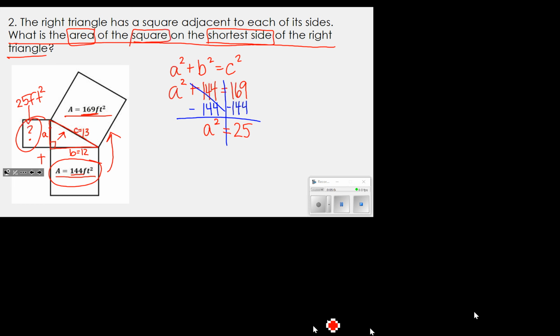I know then that A equals 5, but again, it's asking us for the area of the square. If you say A squared, you're referring to the area of this square. So the area of the square is 25 feet squared because I'm looking for the area.